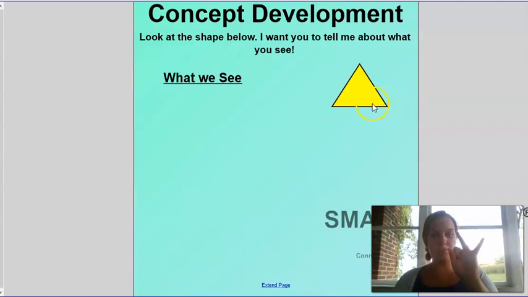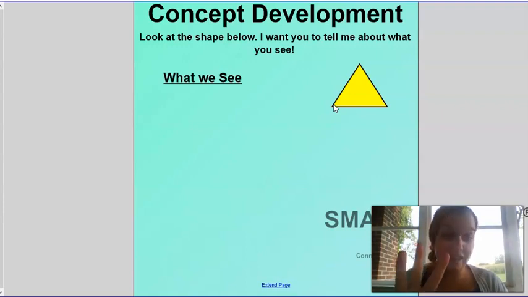Okay, very good. This shape has straight lines, and it has 3 sides. What color is it? It is yellow. Very good. So what we can see about this shape: straight lines, there's 3 sides, and it is yellow.